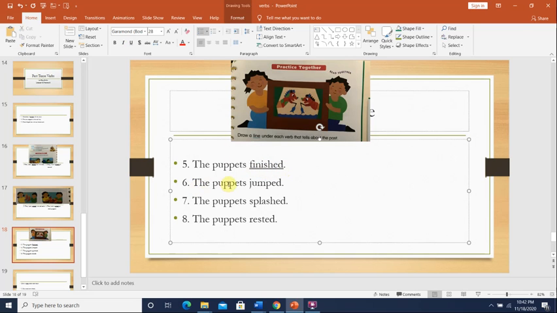Number 6, the puppets jumped. Okay, the puppets jumped. Jumped is the verb in the past. Number 7, the puppets splashed. Okay, we're going to underline splashed because it's a verb and ends with ed. Number 8, the puppets rested. The puppets rested. Rested is the verb that tells about the past.